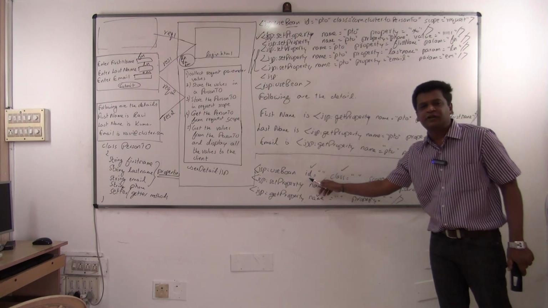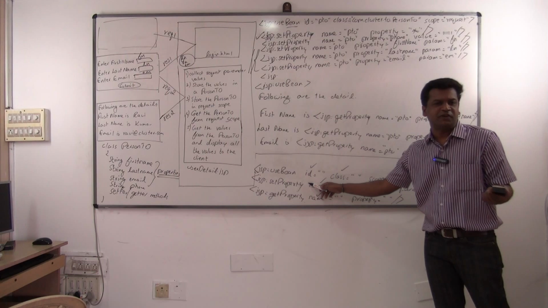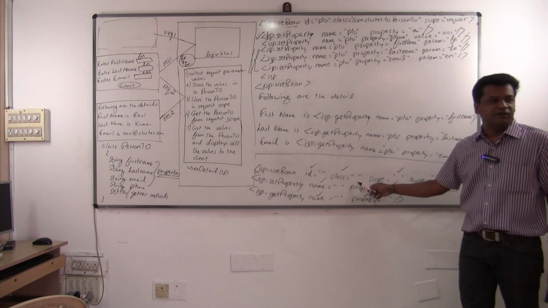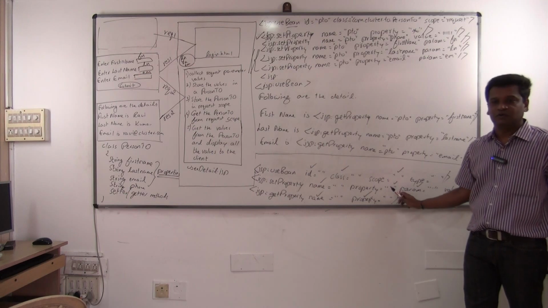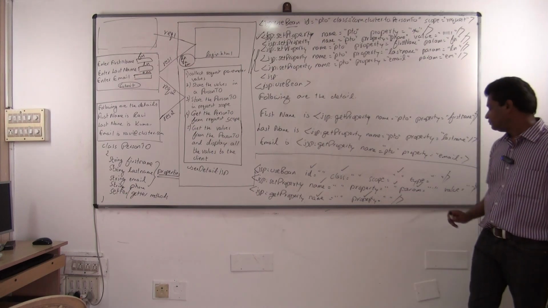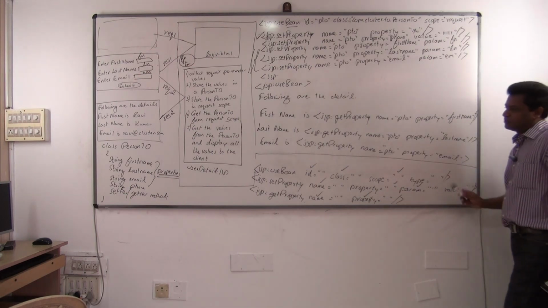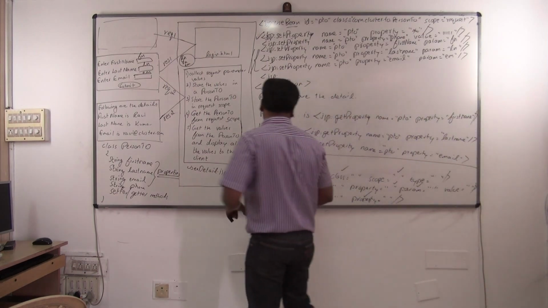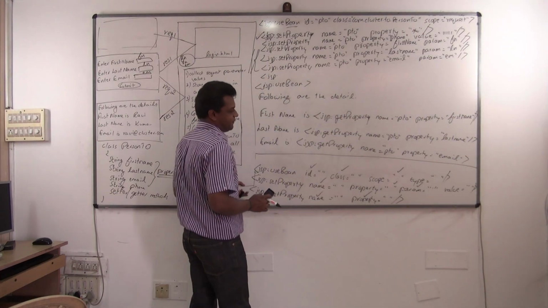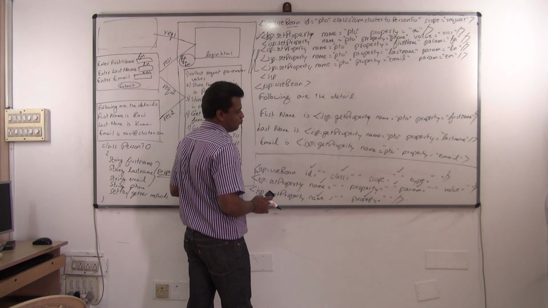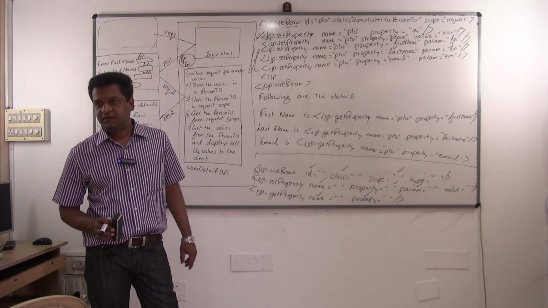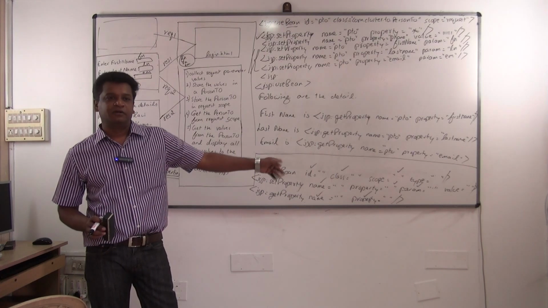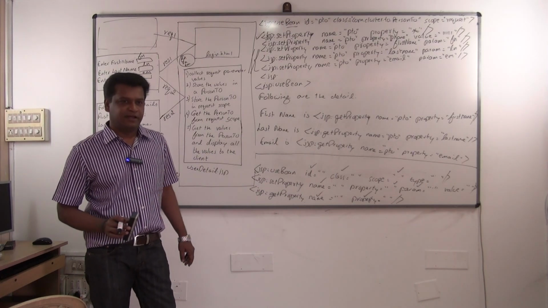Again coming to useBean now. ID, you are giving a reference variable name. That's it. Class, you are giving the fully qualified class name. Scope, now I'll go with scope. What is scope? Are you clear? I'll explain you about scope now, and then finally I have to talk about type. We'll do one thing. We'll see the output of this first, and then we'll talk about the other two attributes, which are scope and type.